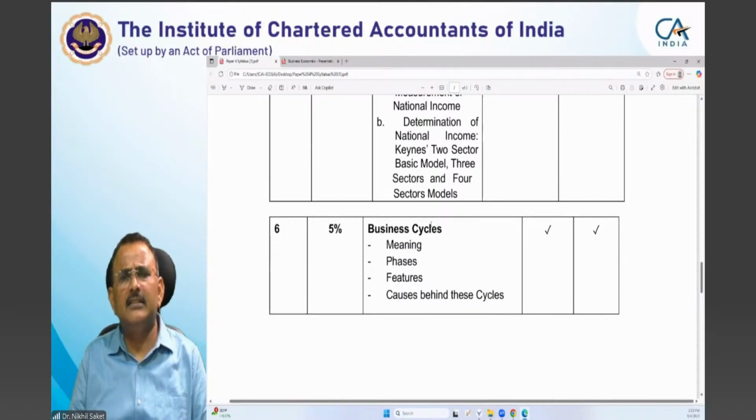Sometimes examples of leading, lagging, and concurrent indicators are asked in the examinations, so prepare from those. What are the internal causes? What are the external causes of a business cycle? These are all explained in detail in your study module.